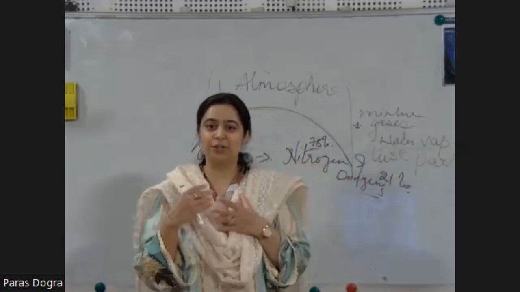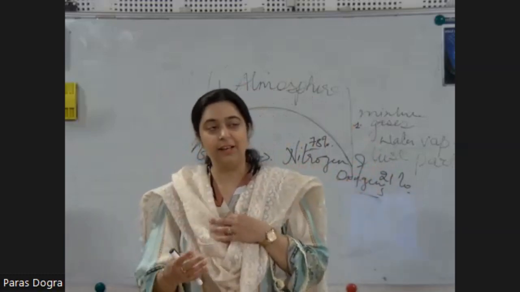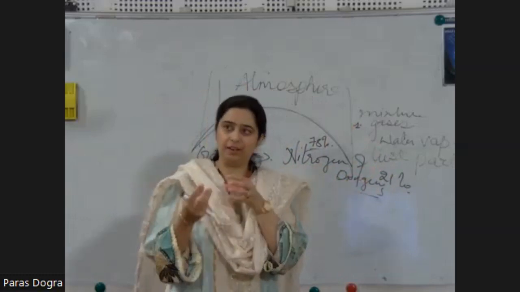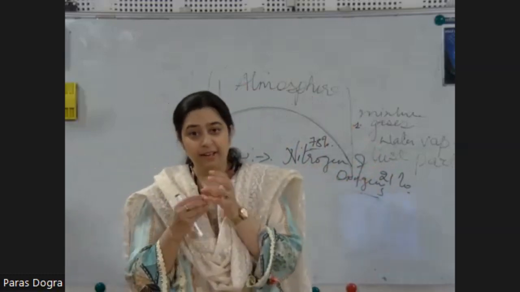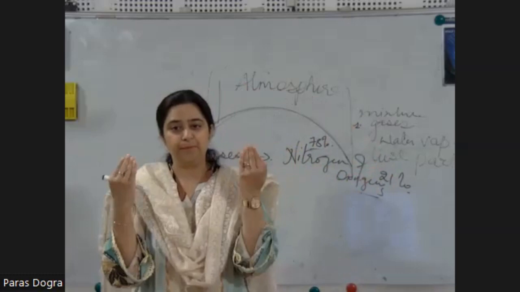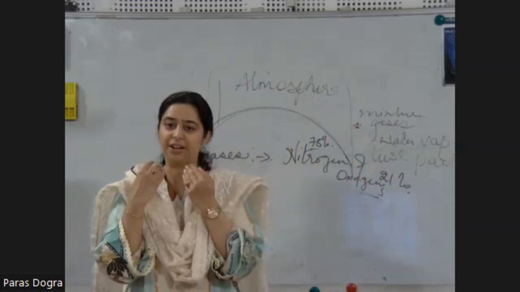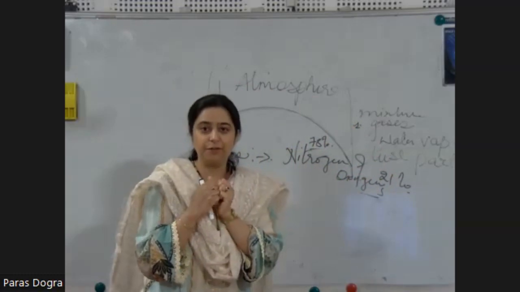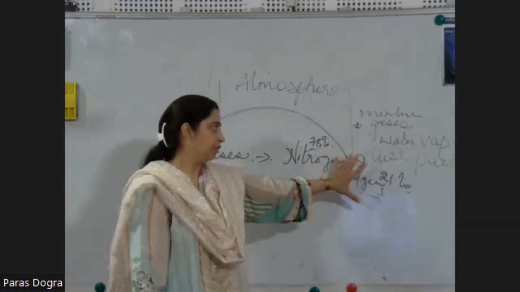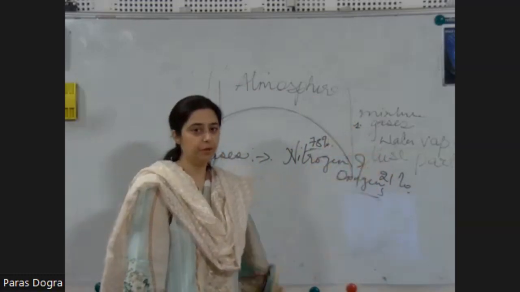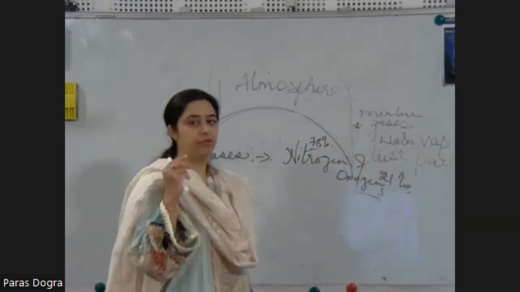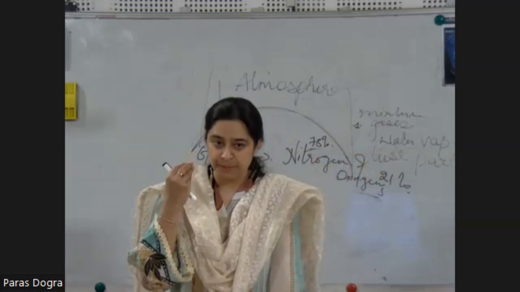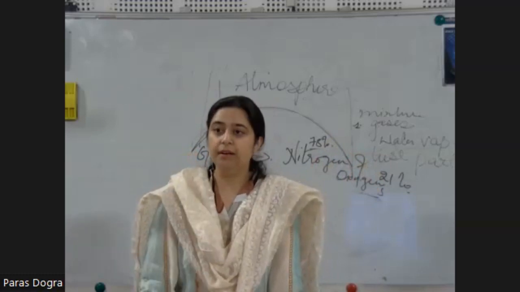We see different colors at dawn and at sunset. They also provide the hygroscopic nuclei, around which the water vapor condenses to form clouds. So dust particles play a major role. These are the three main components of the atmosphere.